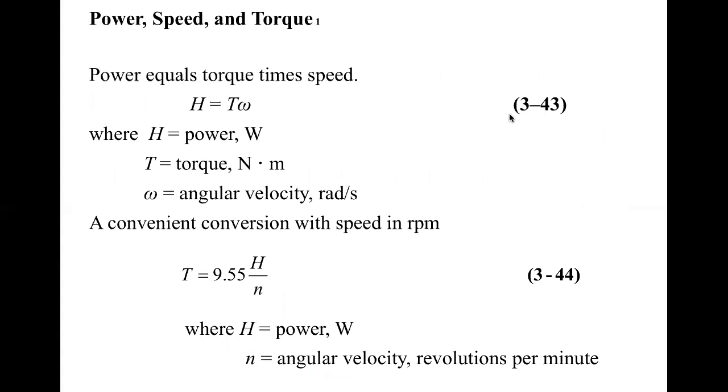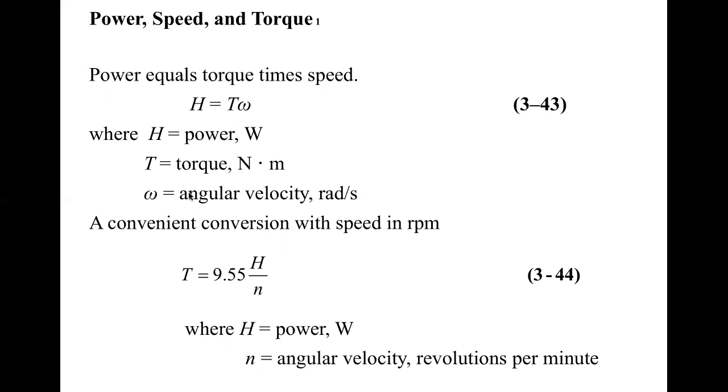Another thing here, I have two more slides, about the power, speed, and the torque. When you design a mechanical system, usually there are power requirements, how much power you need. So the power, H equals T omega, right? Power is usually given by the application, the design application.